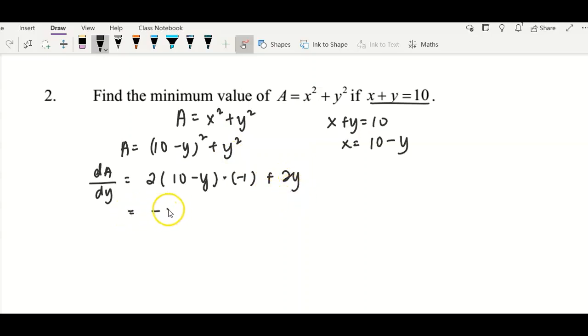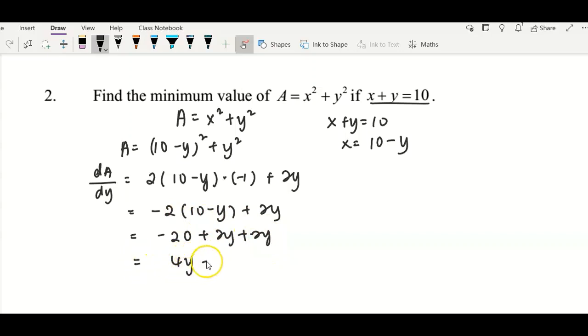Simplify, you have negative 2 times 10 minus y plus 2y. Expand first, you get negative 20 plus 2y plus 2y. Then finally, you have 4y minus 20. This is dA/dy.